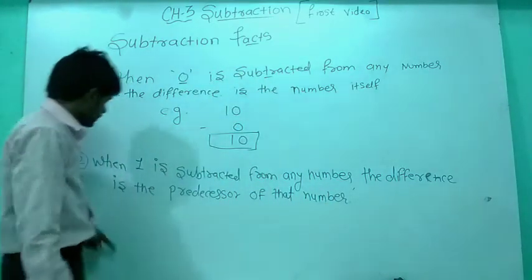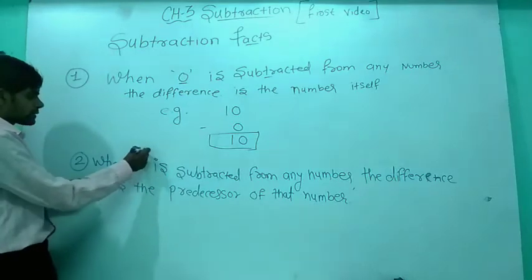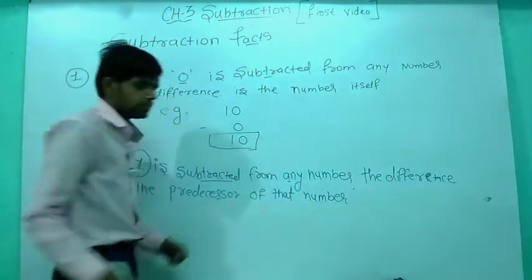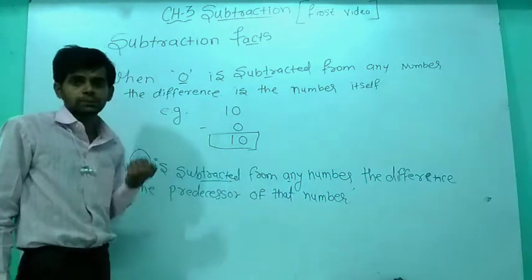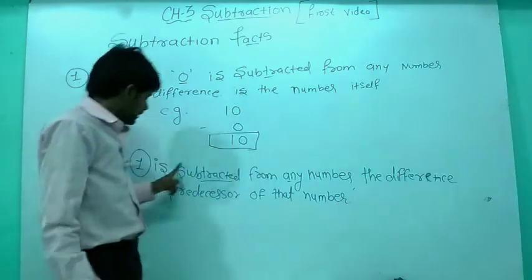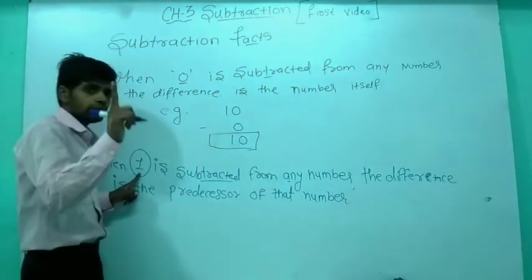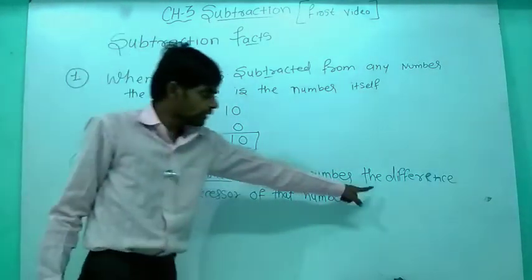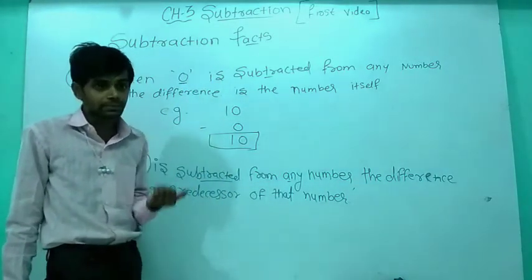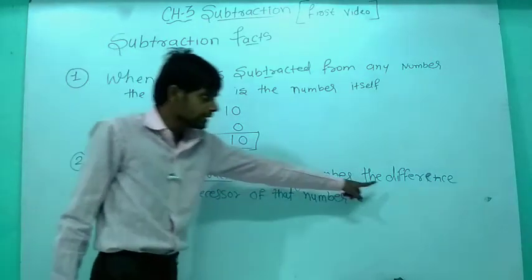So what is the second property? When 1 is subtracted from any number, what do we have to subtract? 1. Subtraction means what? Removal. Okay, when we remove 1 from any number, then we will obtain the difference. Whenever you subtract 1 from any number, you will get an answer, and that answer is called the difference.